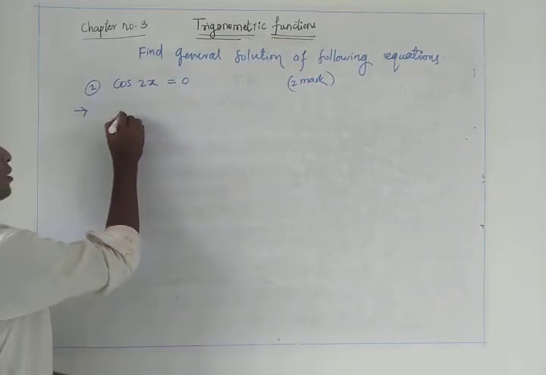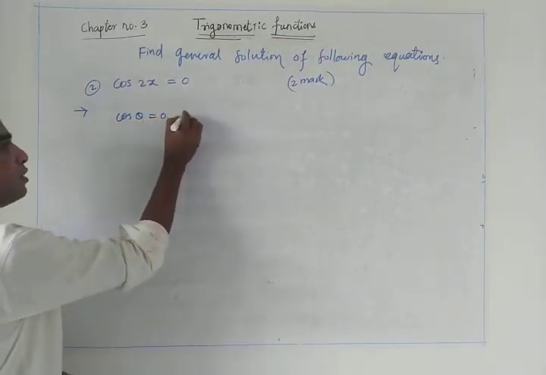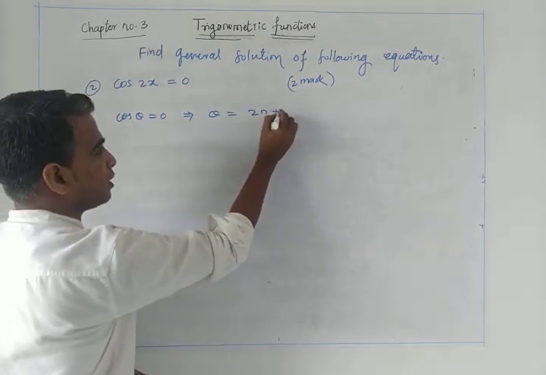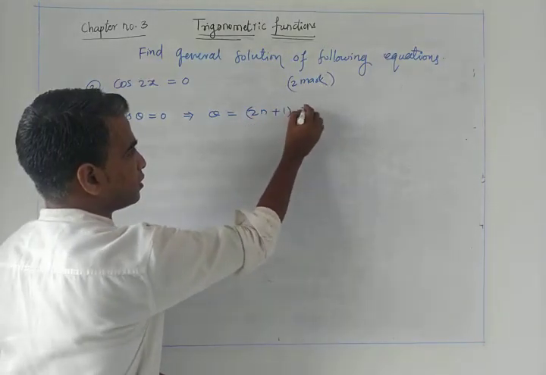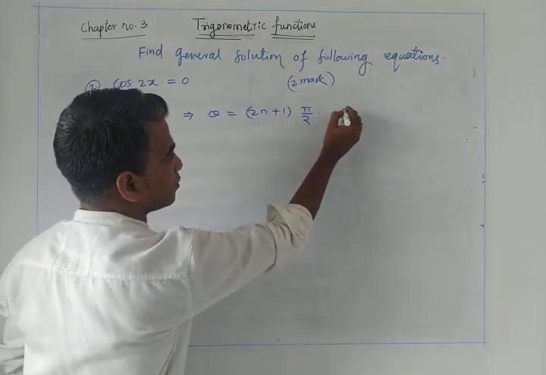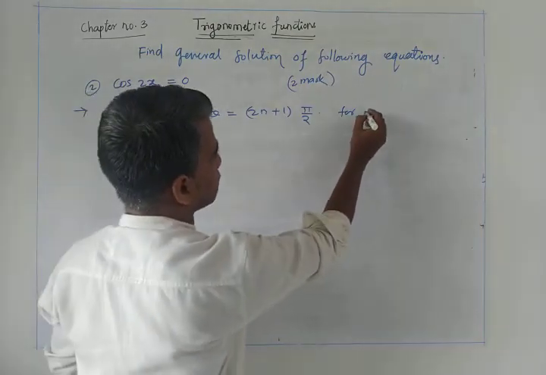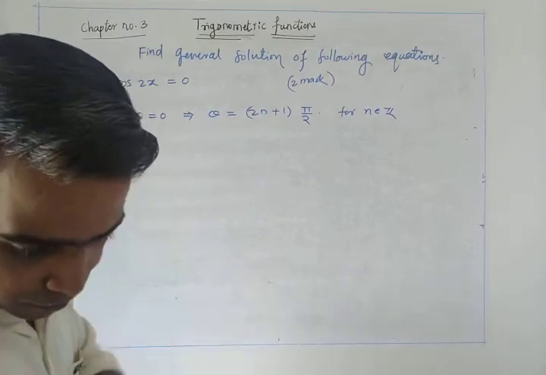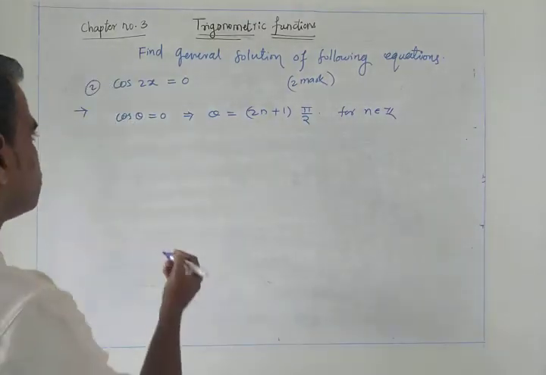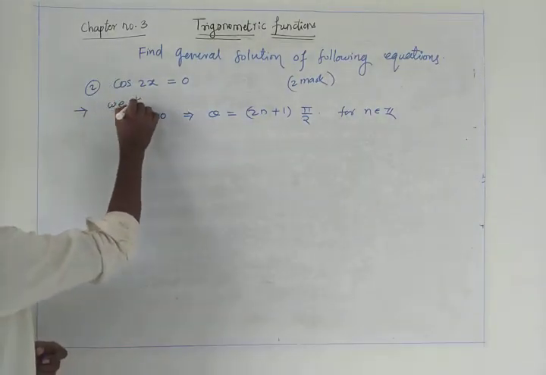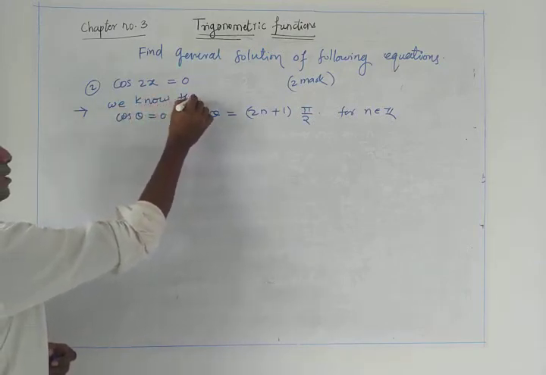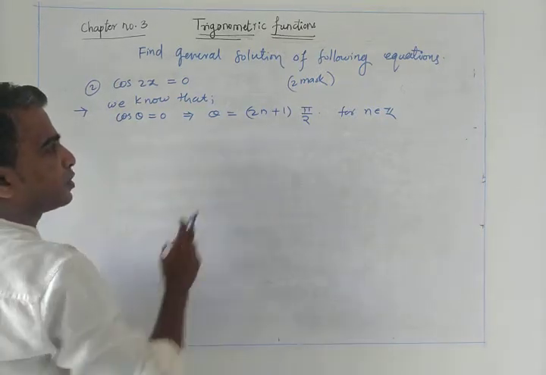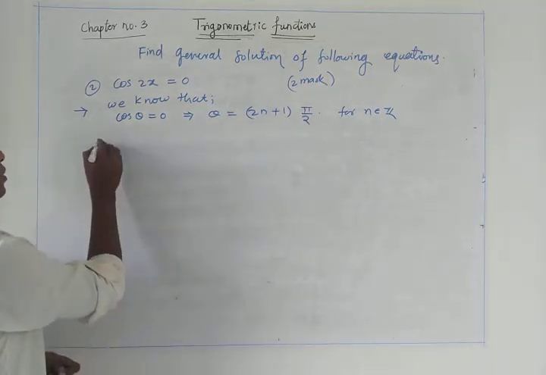Which formula? cos theta = 0 implies theta = (2n + 1) pi by 2 for n belonging to Z. So that formula we are going to use. Write down here: we know that cos theta = 0 implies theta = (2n + 1) pi by 2 for n belonging to Z.